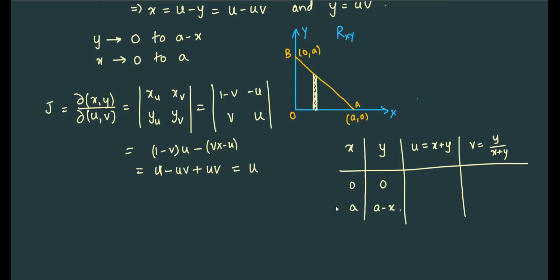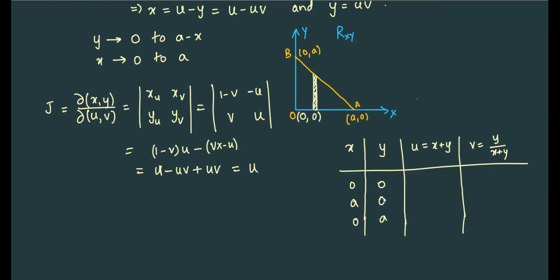Now throughout it will be a minus x. So whatever the value of a minus x, let us take a few values in between. Let us say we have three boundary points: 0 comma 0, a comma 0, and 0 comma a.